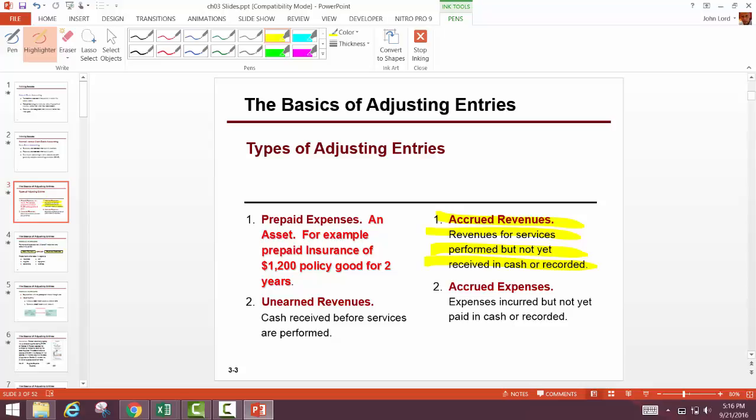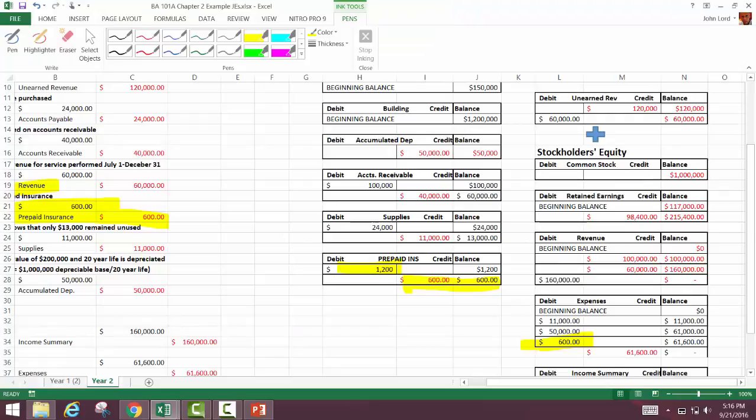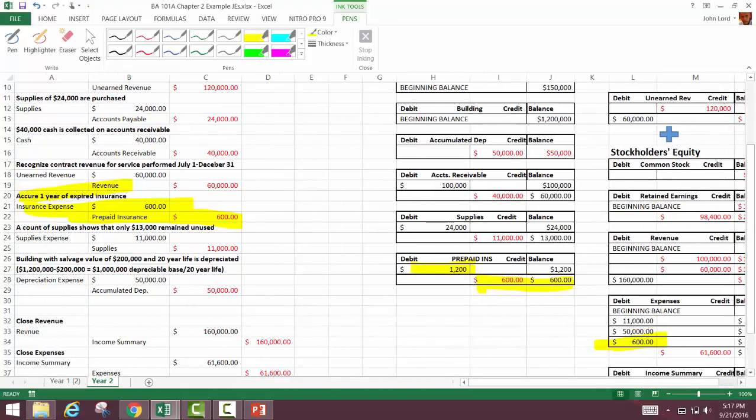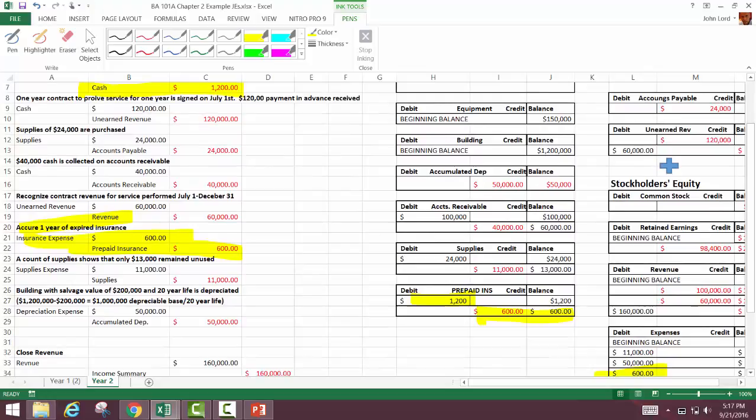Then what? Accrued expenses is when we take the expense even though we haven't paid for that in cash yet. So what happens here? Let's go back to our example. Did we ever have an expense before we had the cash?